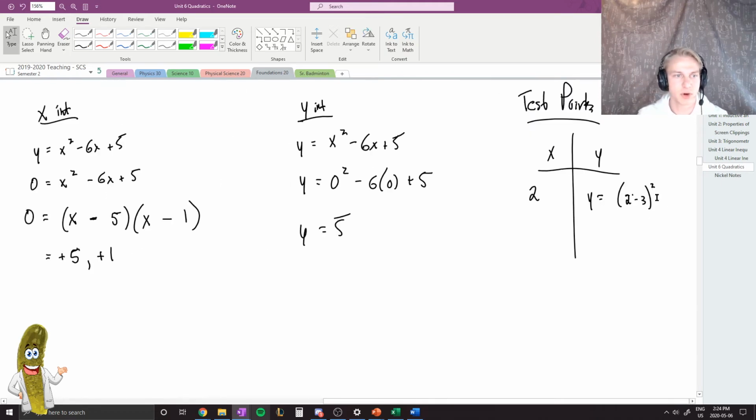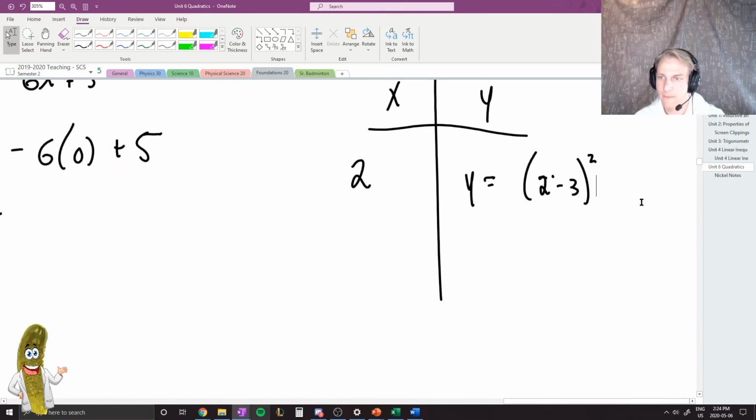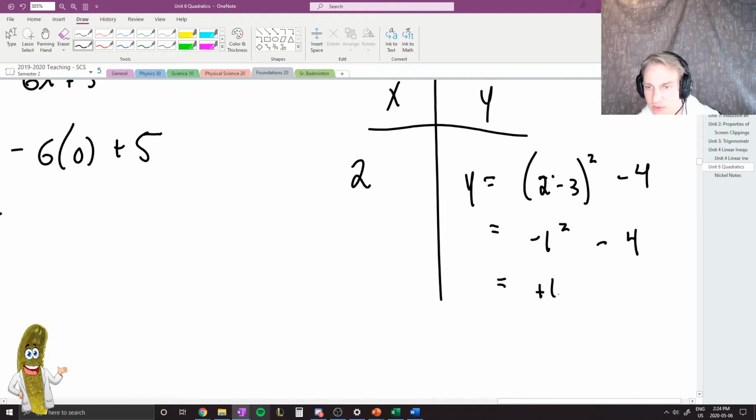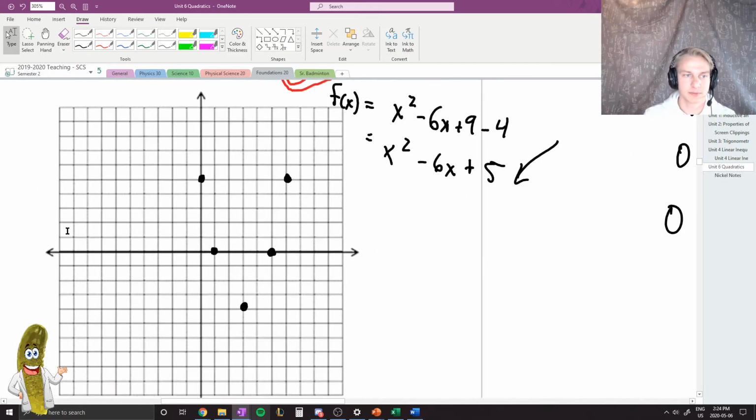What's the last part? Minus 4. So I would have -1 squared minus 4. This would be +1 minus 4, and then y would be equal to -3 in that particular case.